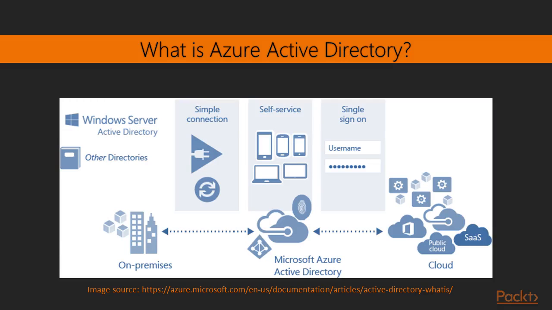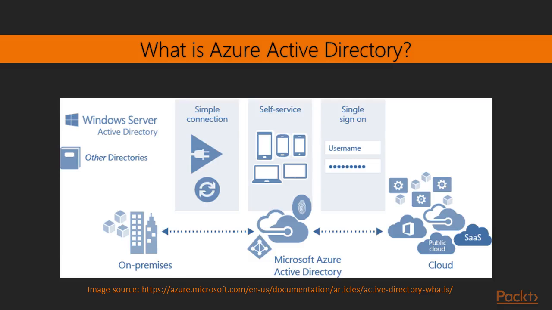So if we take a look at it from an architectural perspective, there was an interesting image available on the Microsoft website. So I can quickly describe what's going on. On the left-hand side, we have Windows Server Active Directory, or even other directories like Samba emulated Active Directory, Oracle Directory, and so on. On the right-hand side, we have public cloud SaaS applications like Facebook, Twitter, Dropbox, and all the other ones we have available. Now, to make sure that our on-prem users can authenticate against those public cloud applications, we have two options.